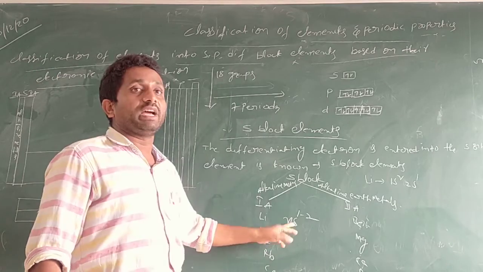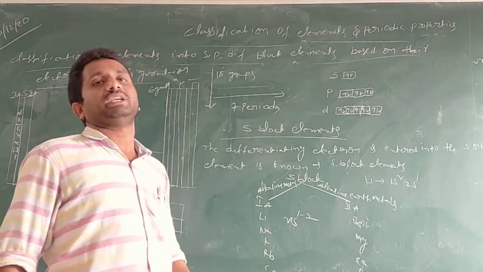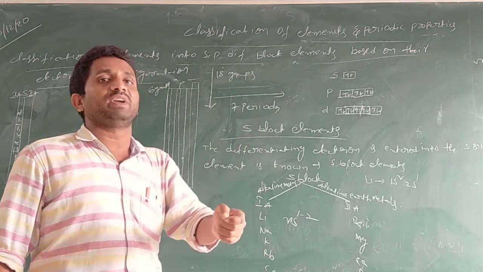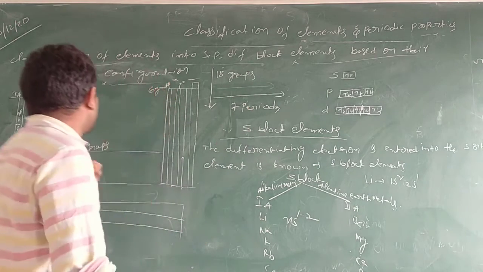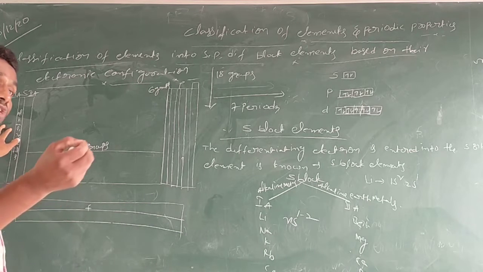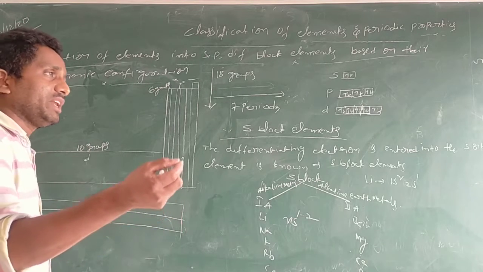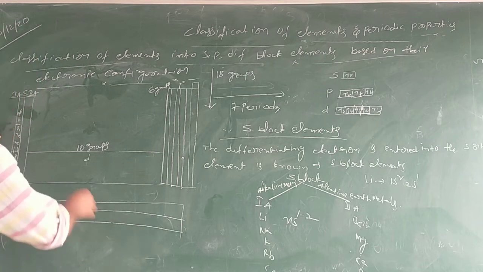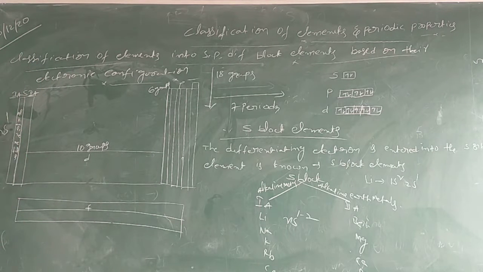So the valence electronic configuration is ns1. That is known as first group elements.